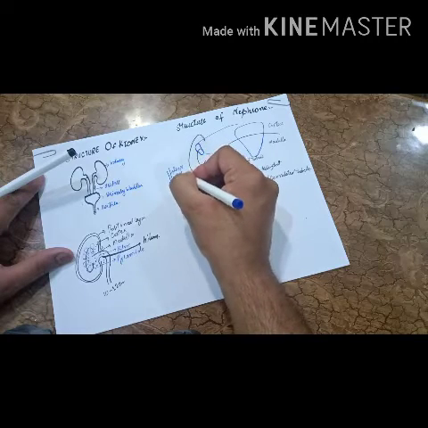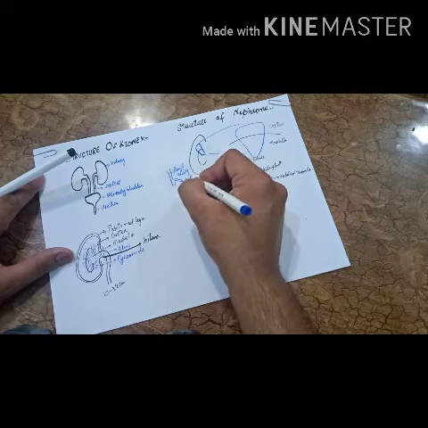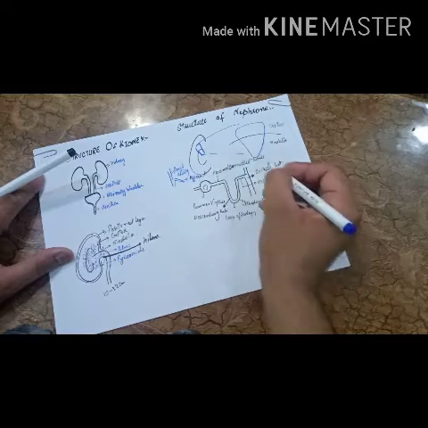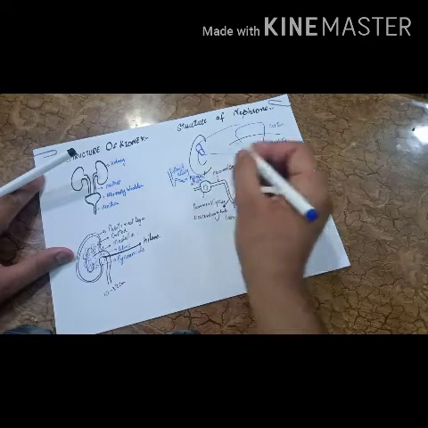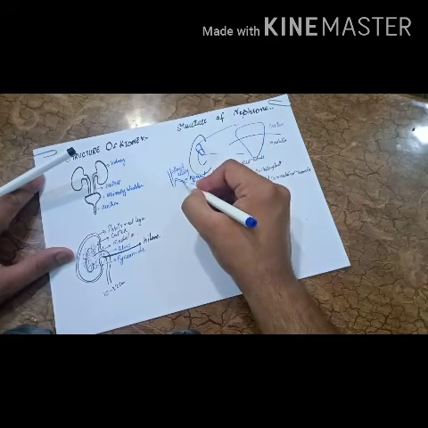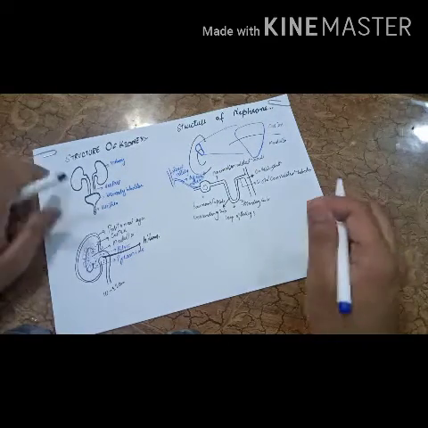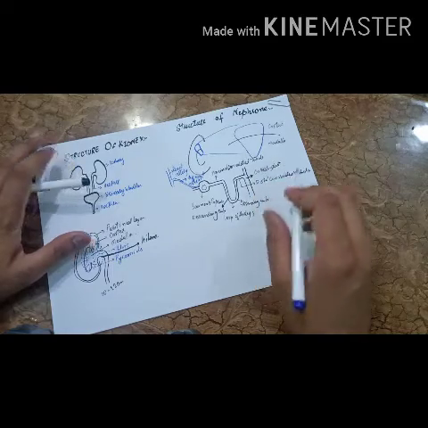A branch of renal artery is called the afferent arteriole. ठीक है. इस एफरेंट आर्टीरियोल की आर्टरी इंटर होगी बोमेन्स कैप्सूल में. ठीक है. लूप ऑफ हैंडले, distal convoluted tubule and collecting duct.